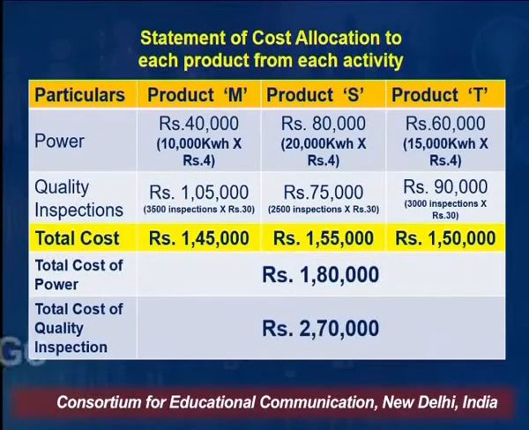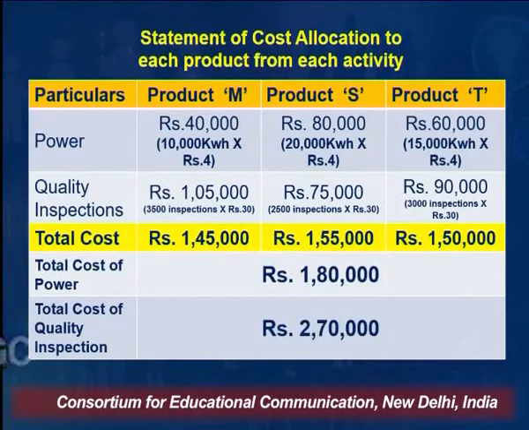And if you wish to know the total cost of power, it comes to be rupees 1,80,000, and the total cost of quality inspection comes to be rupees 2,70,000. So activity driver wise cost is also reported here, and product wise activity cost is also calculated here.